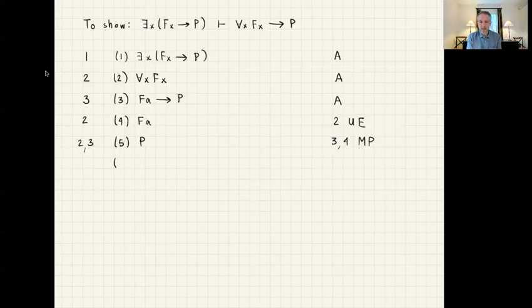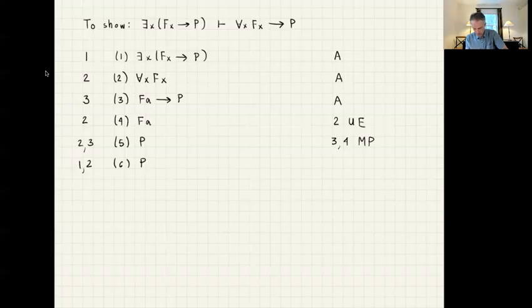Okay, at this stage now, I've argued from the instance on line 3 to P. I can realize that the argument from the instance on line 3 to 5 doesn't depend on anything involved in the name a. And so I can now just go to P again, in this case from 1 and 2.